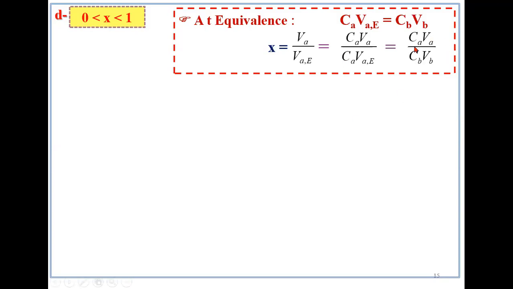Again, in order to get this type of ratio, CAVA divided by CBVB, because CAVA is CBVB. Likely you will never be asked to do the derivation on an exam. Again, this is MCQ, but we're doing this to give you an equation which you can use if you like in any buffer region.